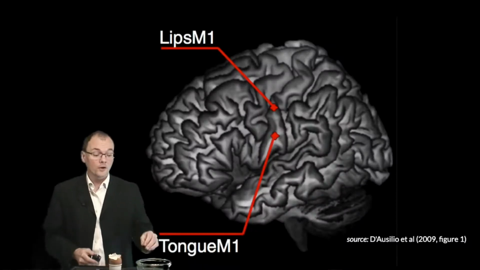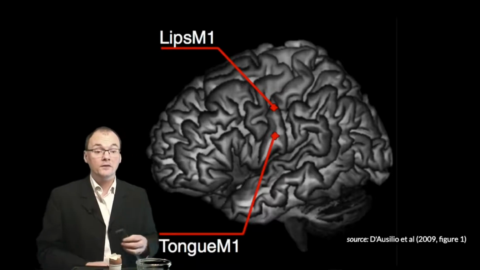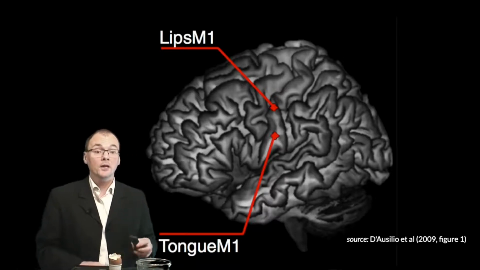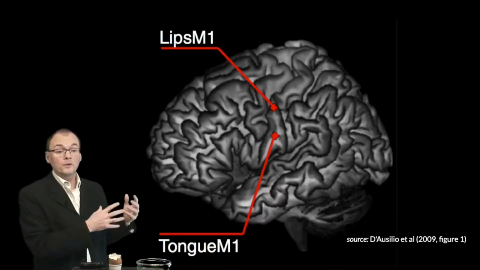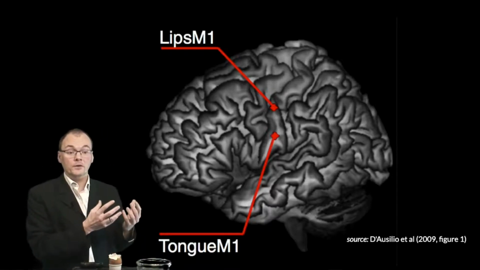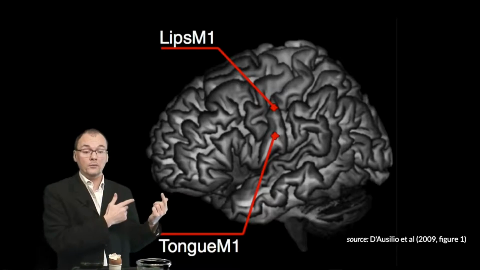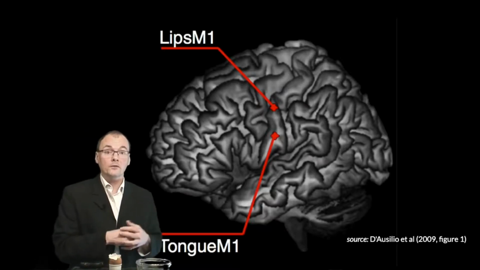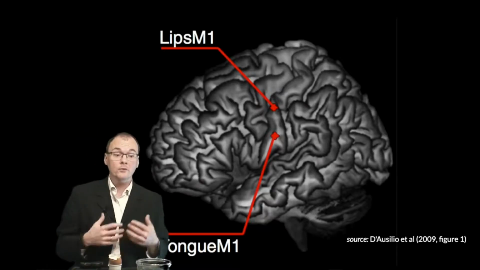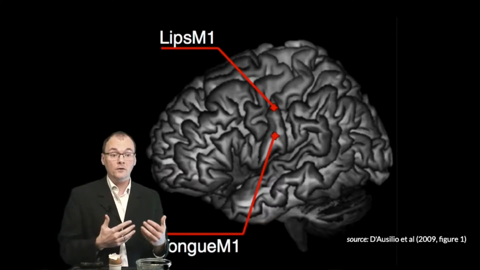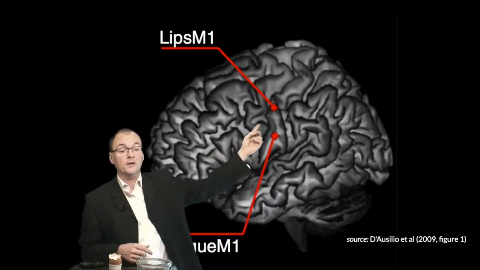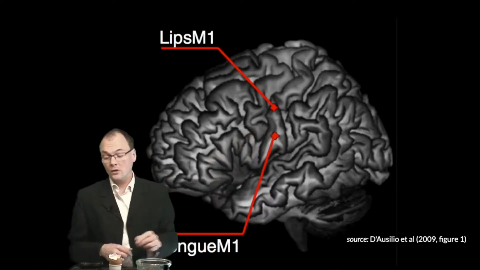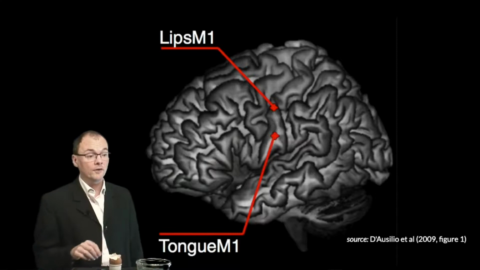There's a second way of illustrating or evidencing this same finding in humans, which involves the fact that motor areas for the control of the lips and for the tongue are spatially separated. This allows us to use a technique called transcranial magnetic stimulation, TMS, to selectively enhance activity either in the lip-related area or the tongue-related area.